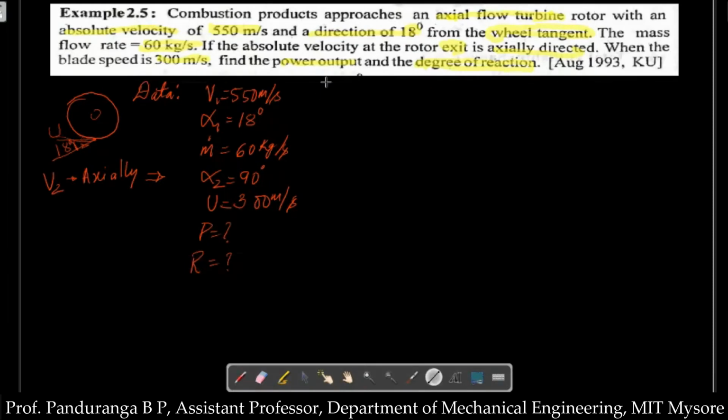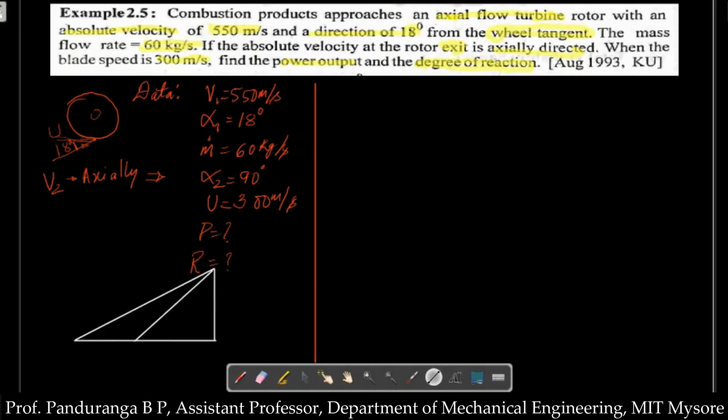For this case, I'll try to write the velocity triangle. We have the inlet velocity triangle, which is a normal velocity triangle. There is no difference in the inlet velocity triangle.